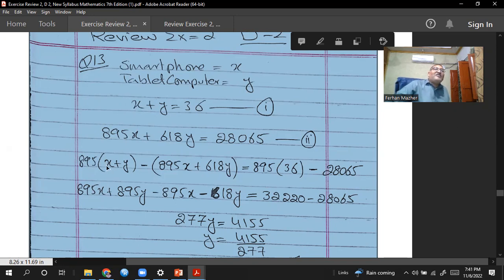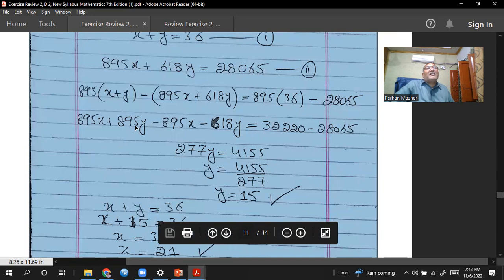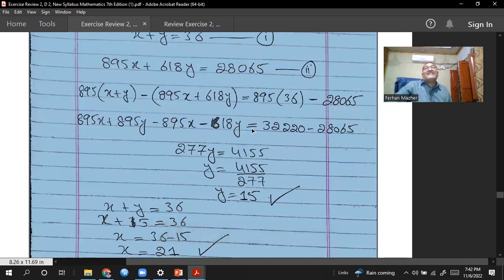So 895 times (x plus y) minus (895x plus 618y) equals 895 multiplied by 36 minus 28,065. This becomes 895x plus 895y minus 895x minus 618y equals 32,220 minus 28,065.